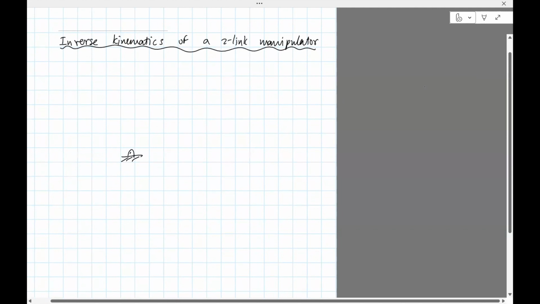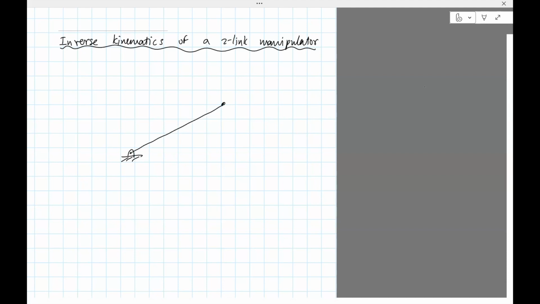Yeah, it's the same two-link manipulator we talked about earlier. This P, this is Q.